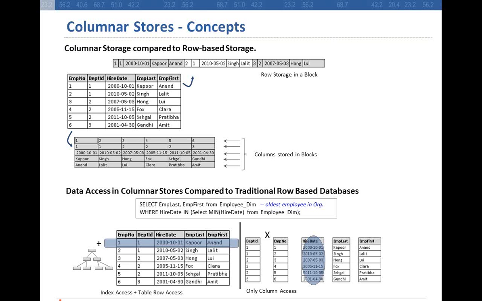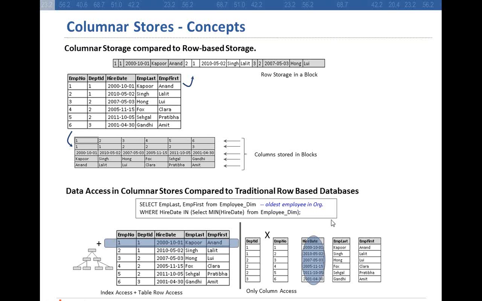I have one more small diagram out here at the bottom, wherein a select query is being performed. On the left-hand side, it's a row-based approach. On the right-hand side, it's a columnar approach. On the left-hand side, even though the row-based database uses an index, still it goes to the row, captures the entire row, and then fetches it and shows it to the client.